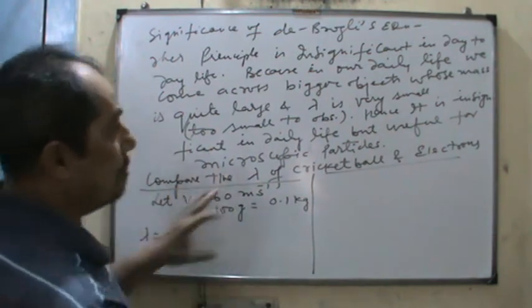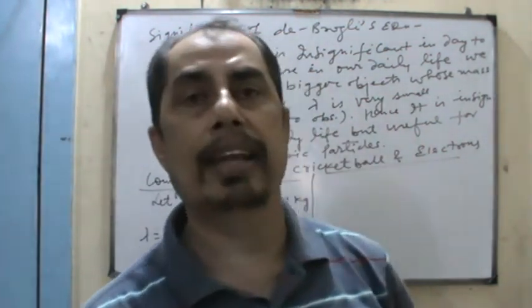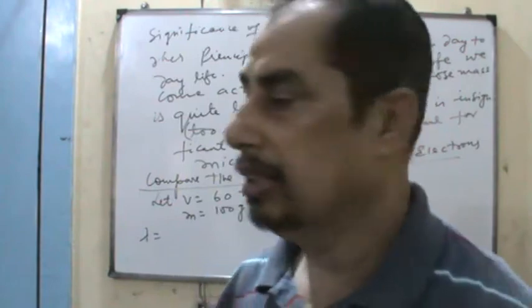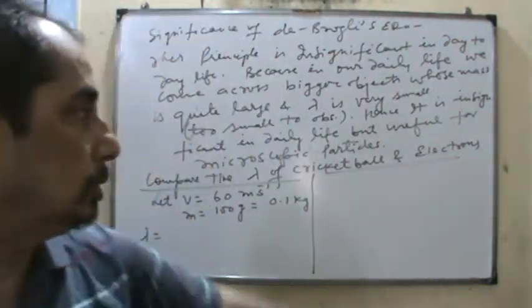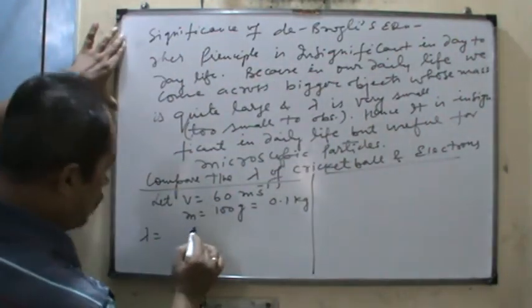Apply the de-Broglie equation. What is that equation? Lambda is equal to h upon mv.